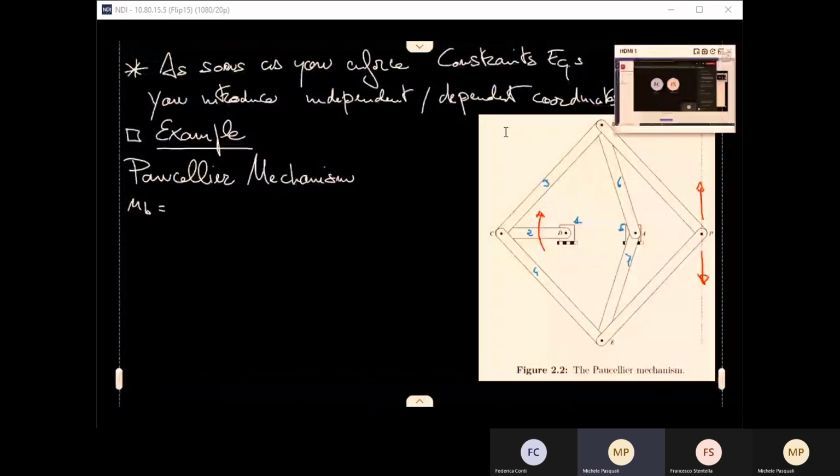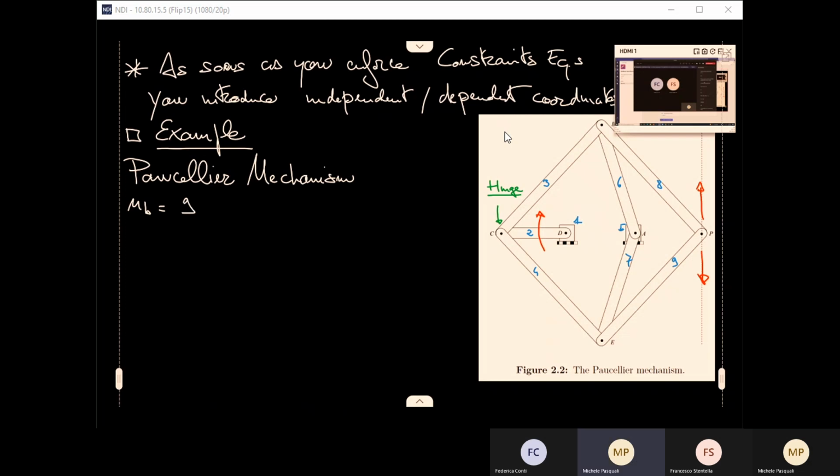Then you have 5, 6, 7, 8, 9, and please note that these are, as I said, hinges. Okay.